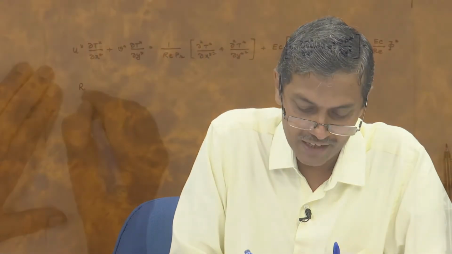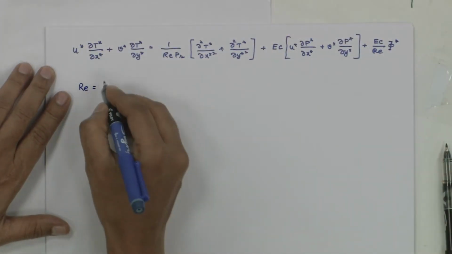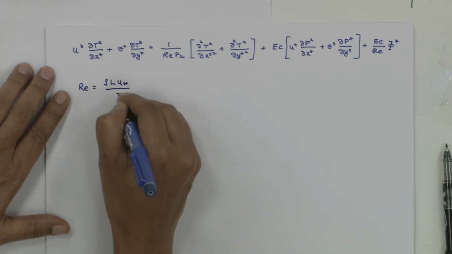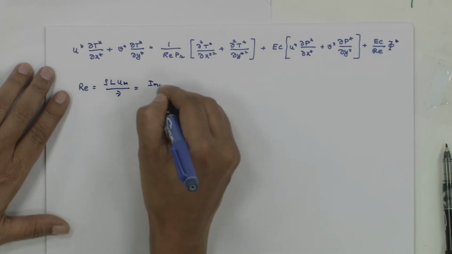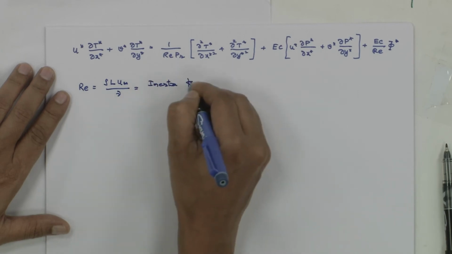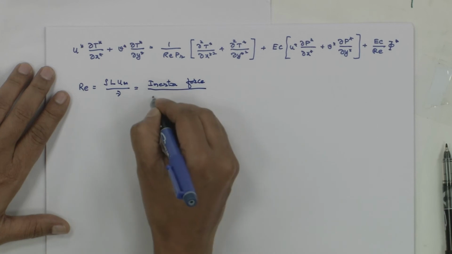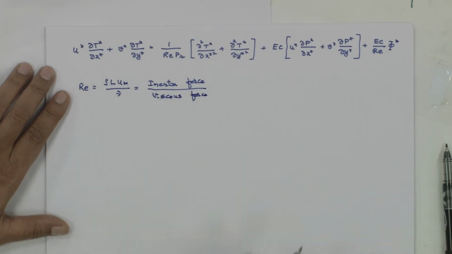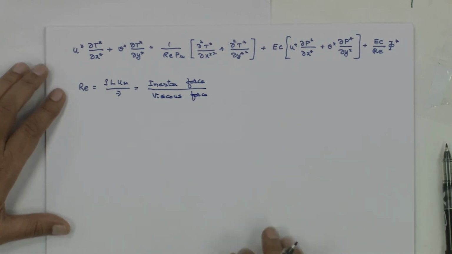Now, let us take up one by one equation and write once again. Re we have done, but still let us do it. Re equal to rho L u infinity by nu, that is inertia force upon viscous force. So, that tells whether we are in laminar flow or turbulent flow.